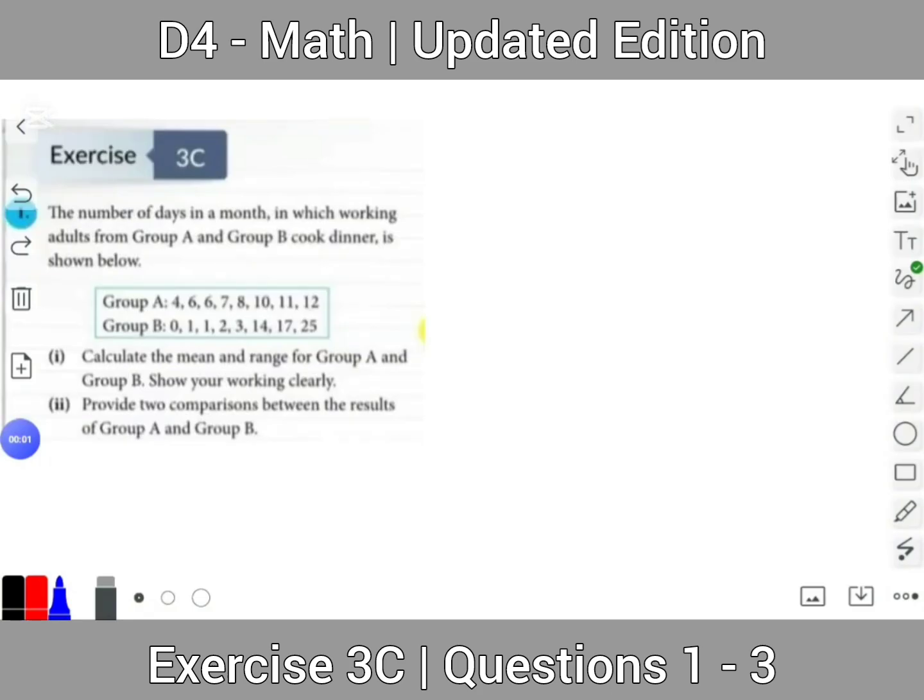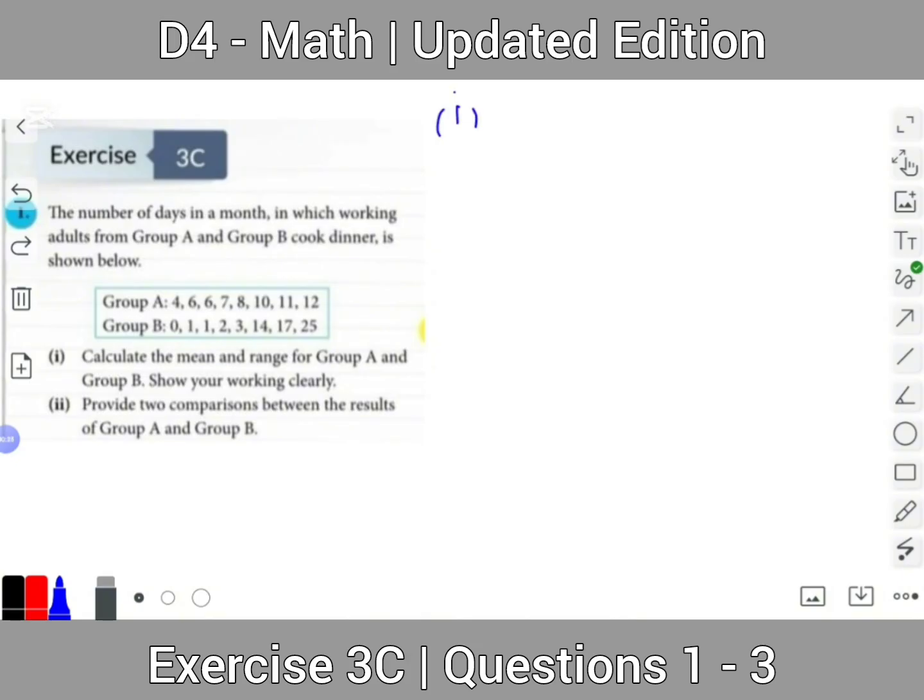We will start with the new exercise 3C. The number of days in a month in which working adults from group A and group B cook dinner is shown below. In part 1, calculate the mean and range for group A and group B. Show your working clearly.